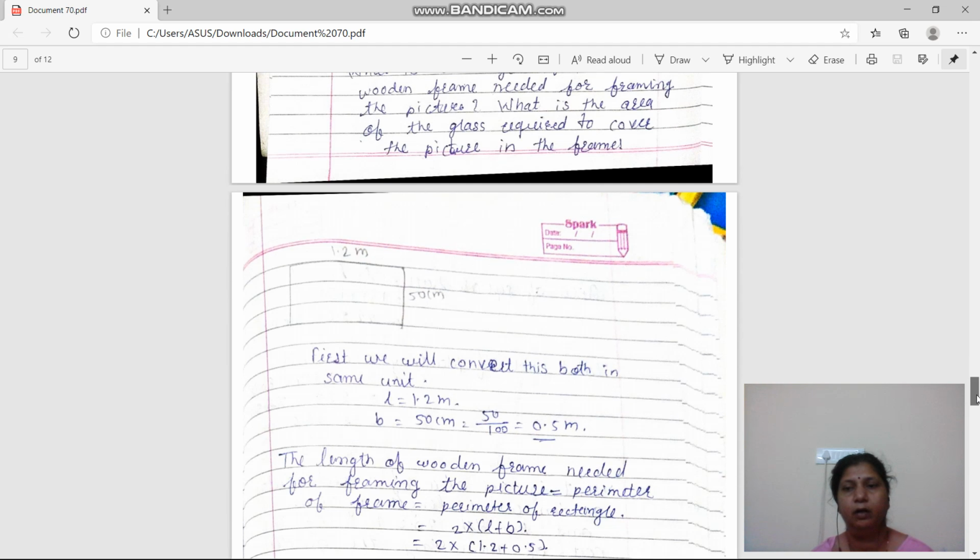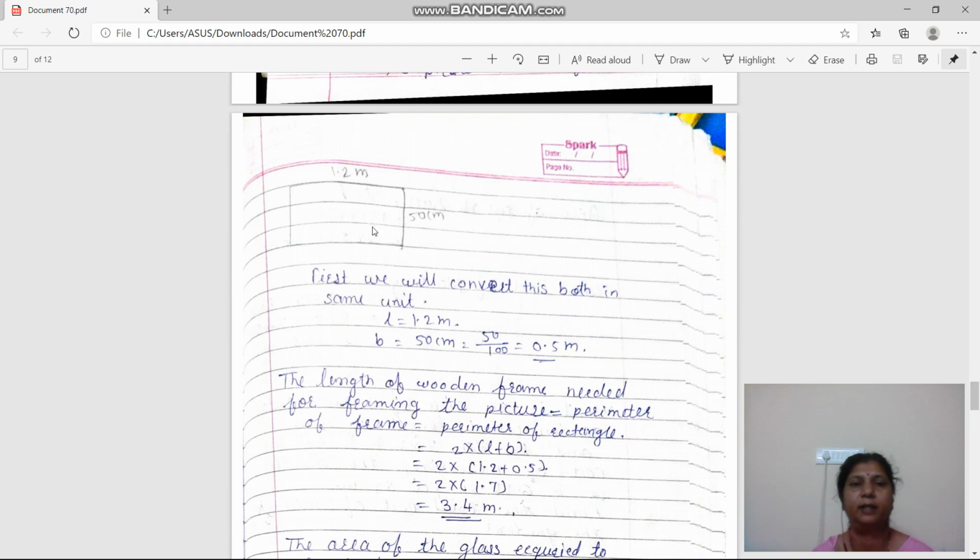So this is the diagram. Always remember, you have to observe the units, they should be the same. If one is in meter and the other is in centimeter, then both should be in the same unit.